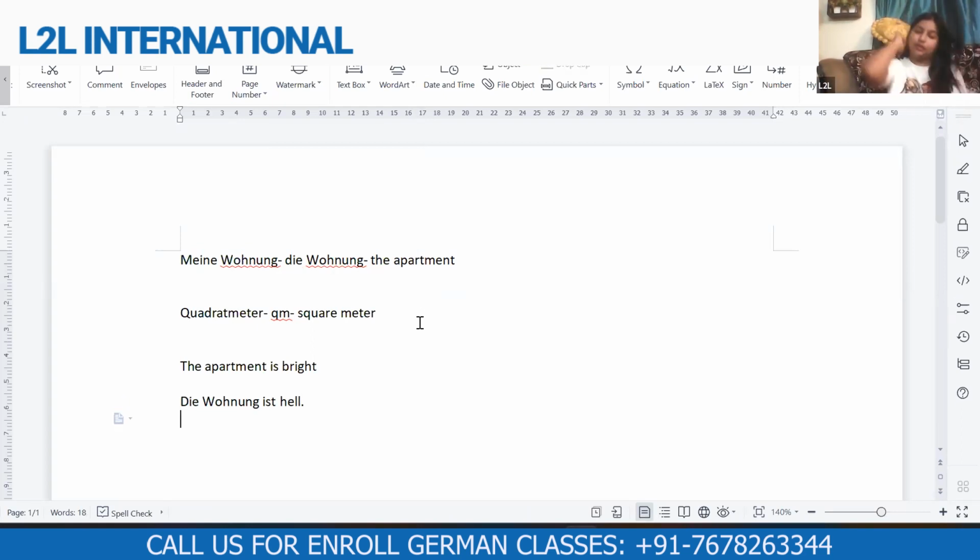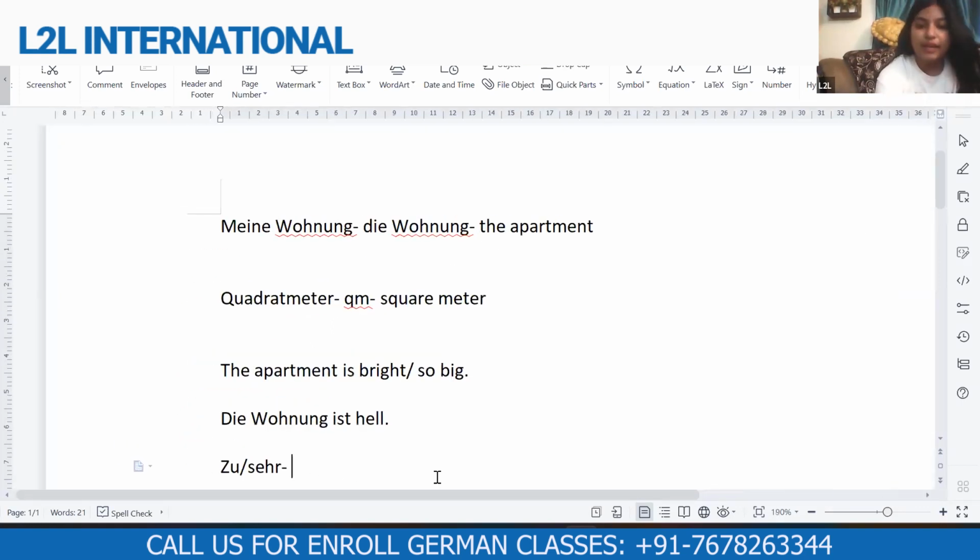Or if you want to say the apartment is so big, we use so. So for so, we have a word in German, we call it so. Oder sehr. So oder sehr, they are somehow similar and somehow different. The meaning can be a lot, very much, or here it means so much.